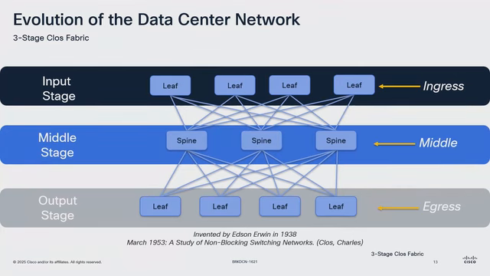Similar concept here, where we have input, middle, and output stages to make sure we can have deterministic and non-blocking architectures. So what I'm telling you is we had to build a new architecture to complement the data plane encapsulation of VXLAN to really get out of that three-tier legacy, tromboning of traffic, to something more two-tier and efficient.